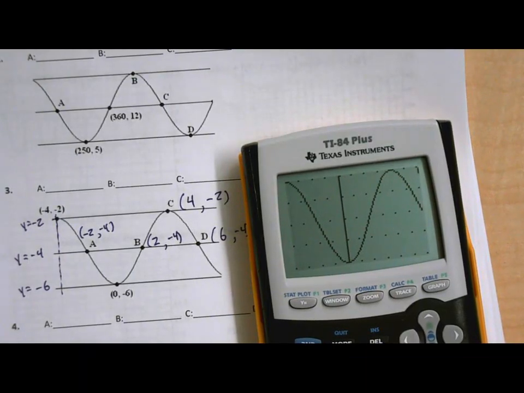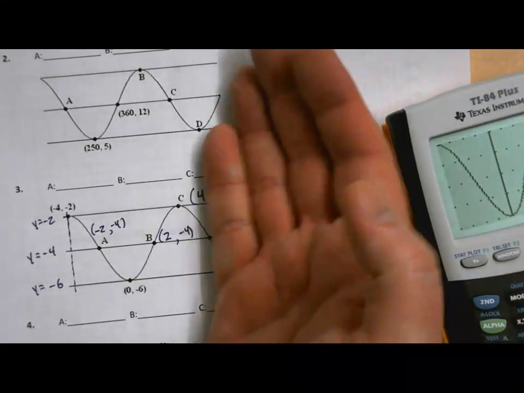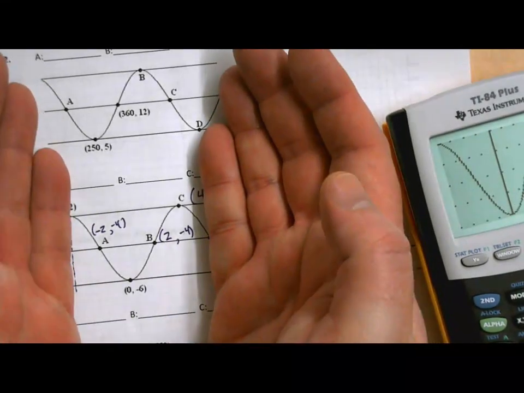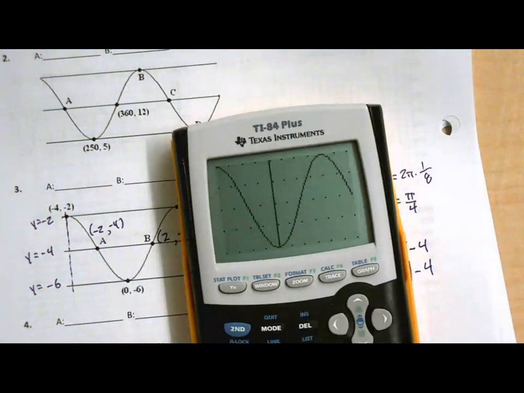I'm feeling pretty good about that. So when I set my window, I just used this last point, so I'm really expecting just to see that portion of it, which is exactly what I'm seeing on my screen.